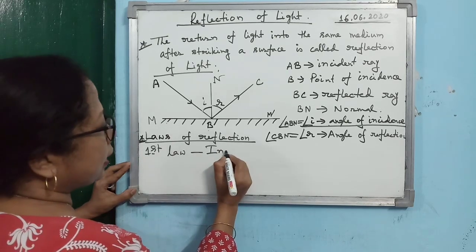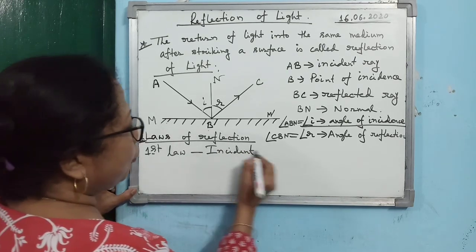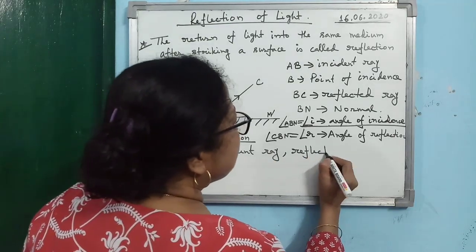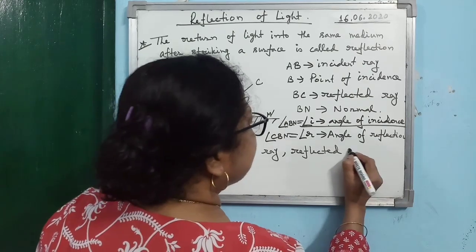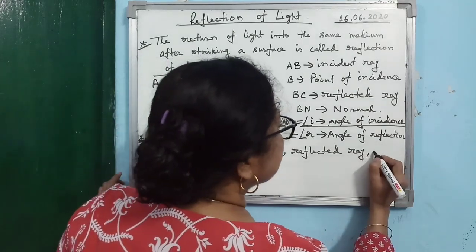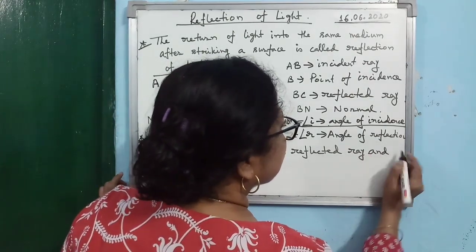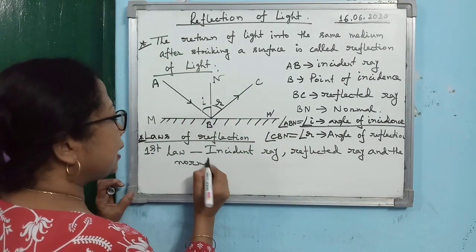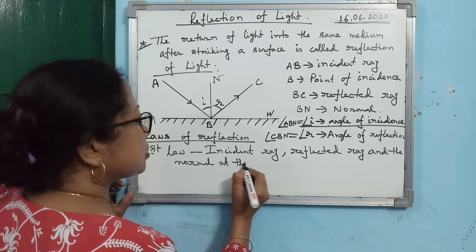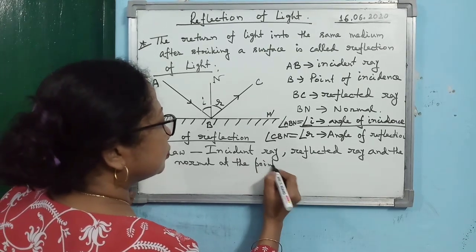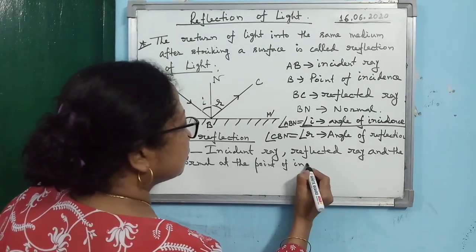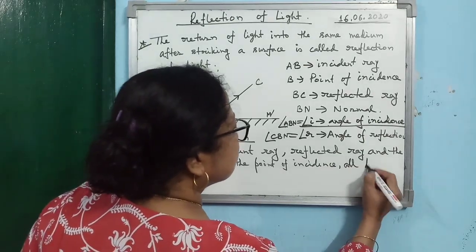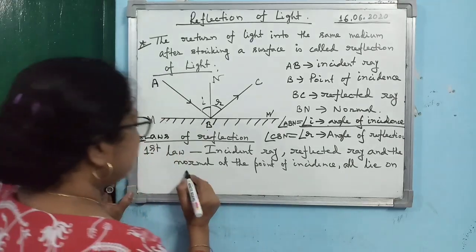First law of reflection is incident ray, reflected ray, and the normal at the point of incidence all lie on the same plane.